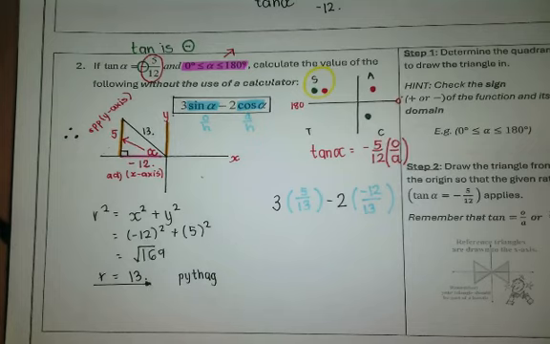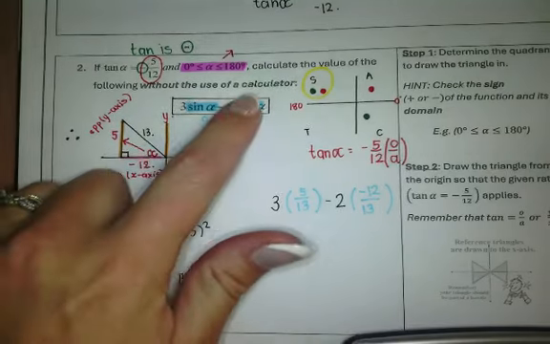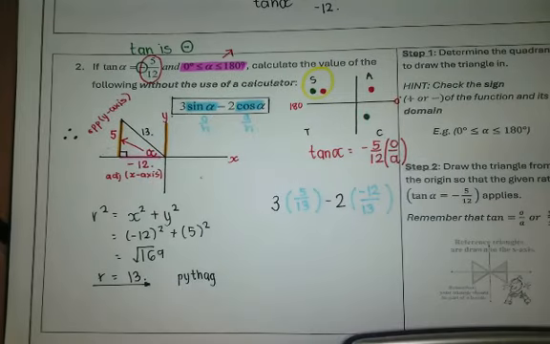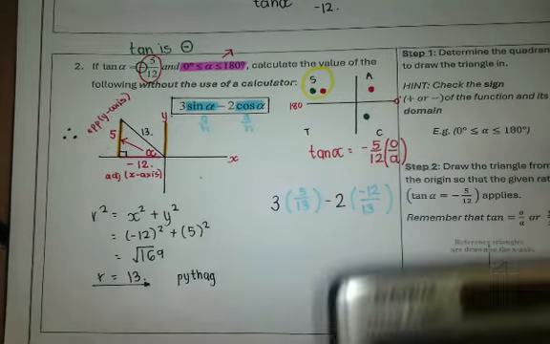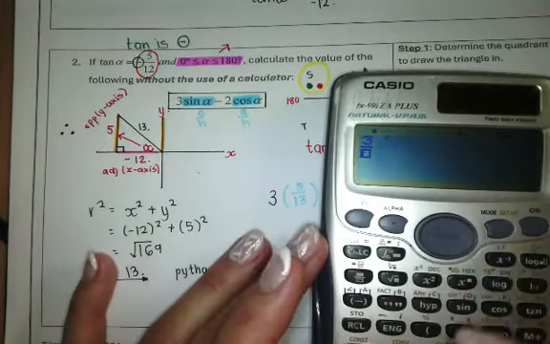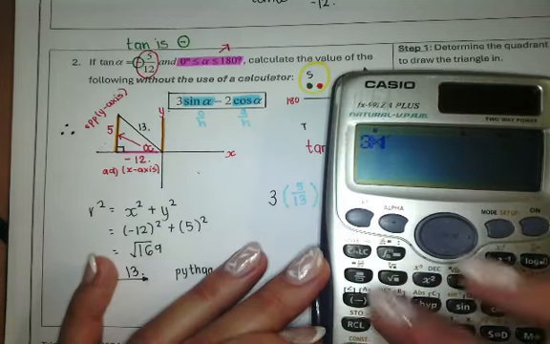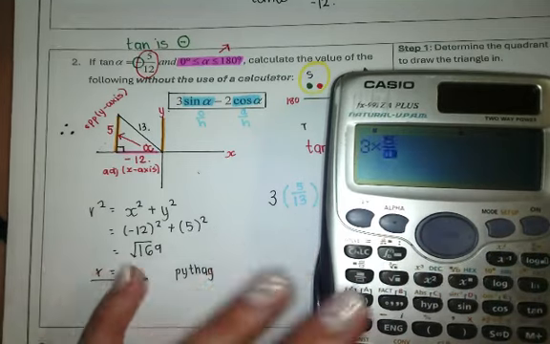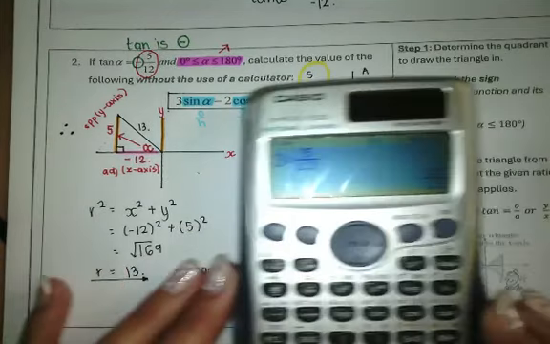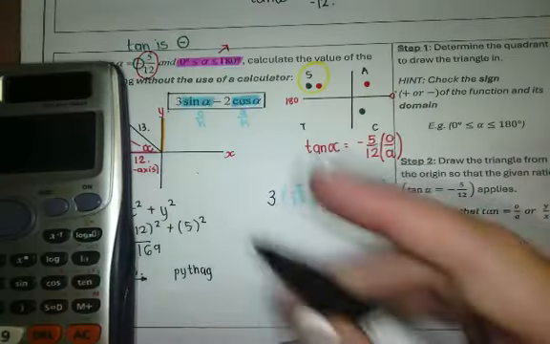Are you guys with me? So we're basically substituting a value for sin alpha and cos alpha. It says without the use of a calculator, so just do it in segments, grade 10.